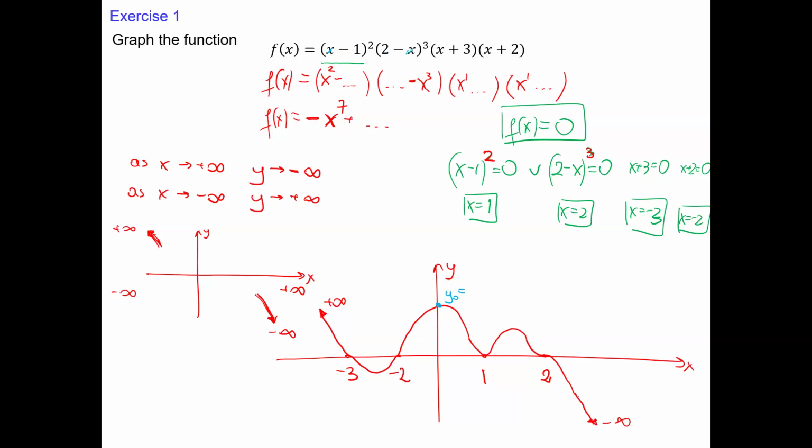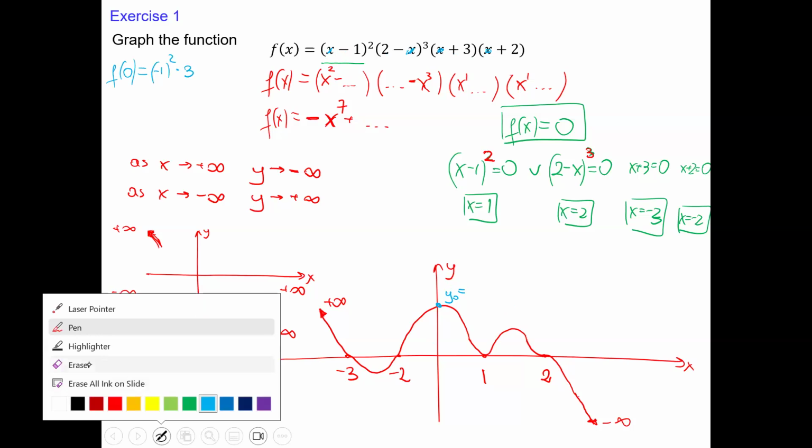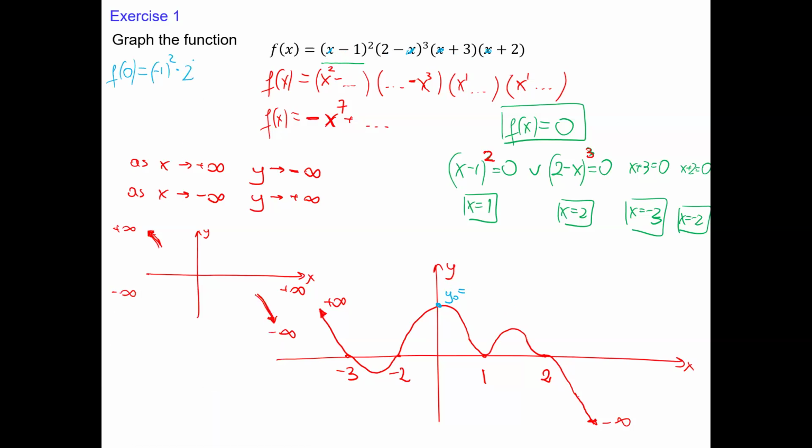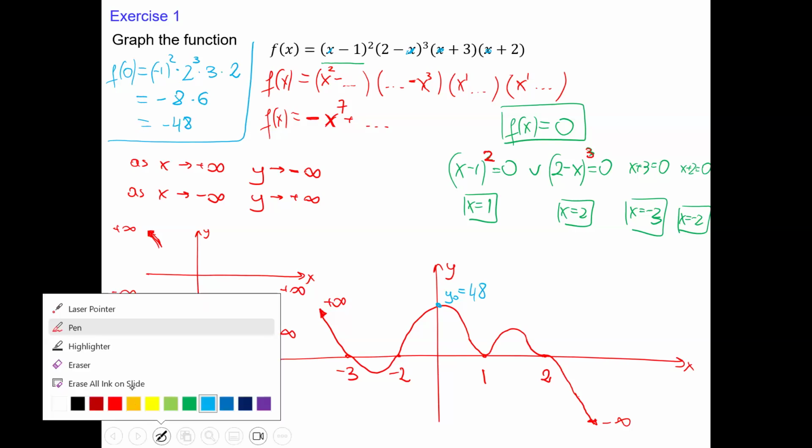That means if x is 0, we have -1 squared times 2 times 2 cubed, and then times 3 times 2. Okay, -8 times 6, -48. Wow, a little bit higher. I was supposed to draw it, but it's fine. Okay, it's perfectly fine. That's really important to know.